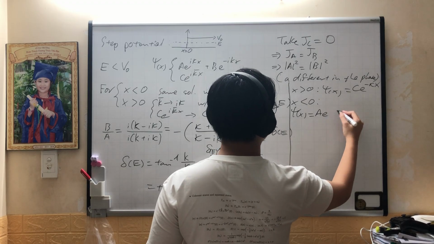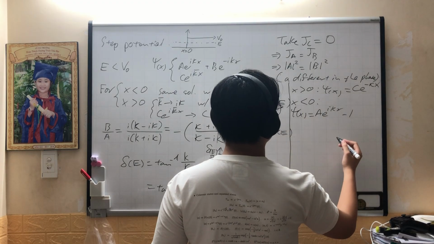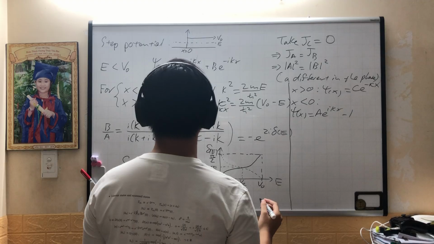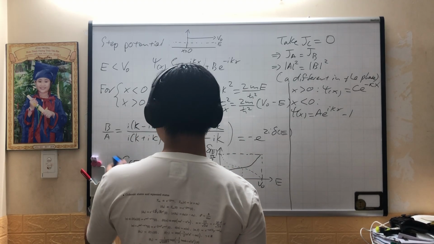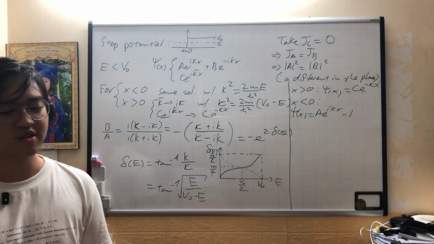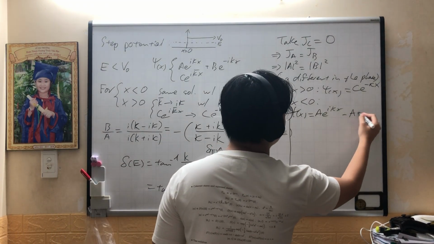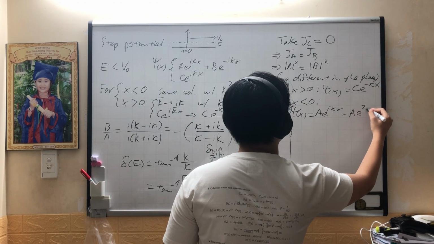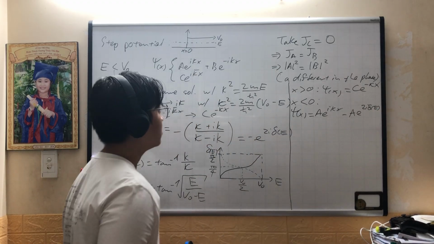Okay, so your wave function now is e minus... from here you can get that B is equal to minus A. I don't think I need to write that, but I want to, but I'm out of place.